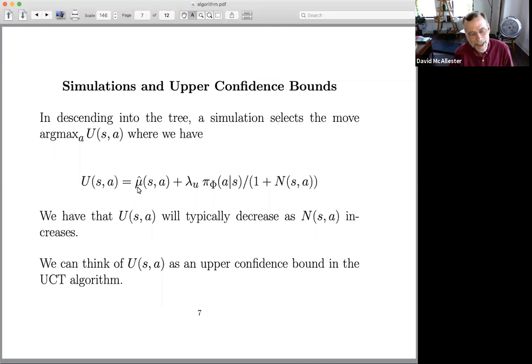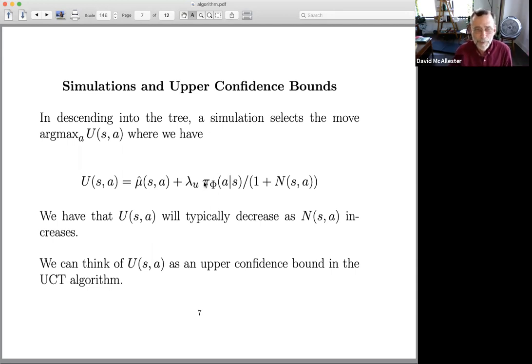And this USA is equal to the average value for this pair, which is initialized to just the value of S, but is getting average values every time we select an A. So we're taking this average value and adding to it some constant times the policy probability of A. The larger this is, the more we're adding, and we're maximizing.